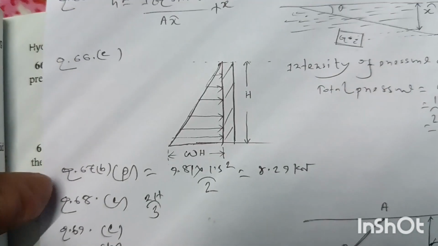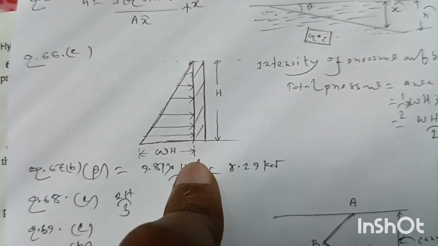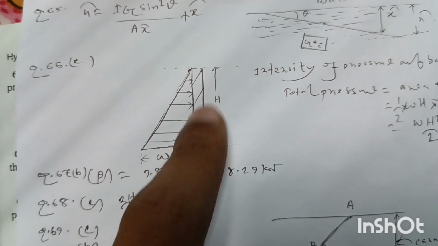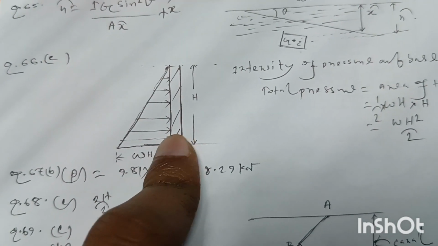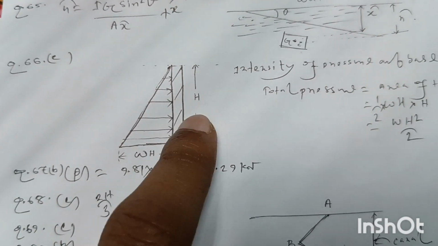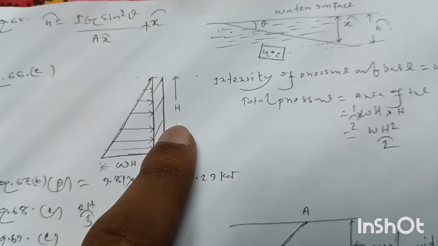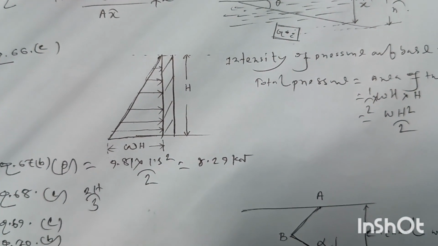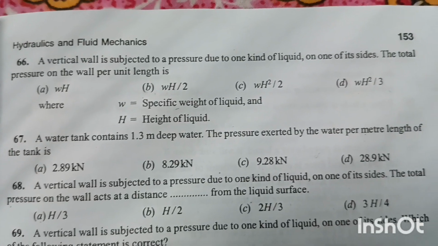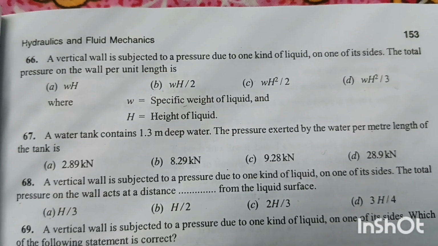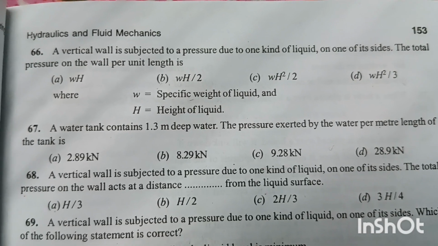So the total pressure will be equal to the area of the pressure diagram. The area will be half into base into height, so half into W into H into H, which is WH square by 2. Option C is the right answer, WH square by 2, where W is the specific weight of the liquid and H is the height of the liquid.